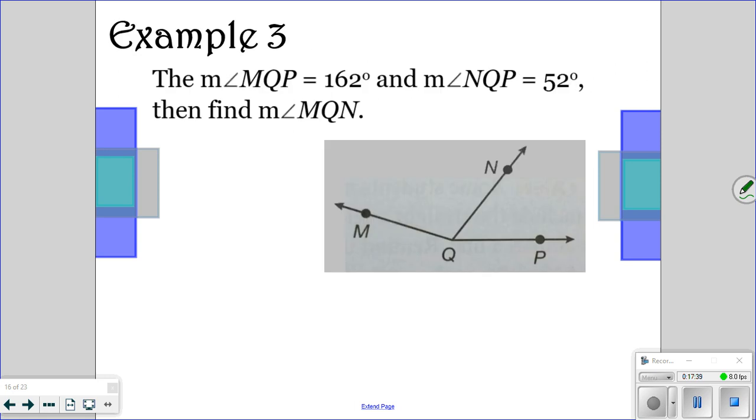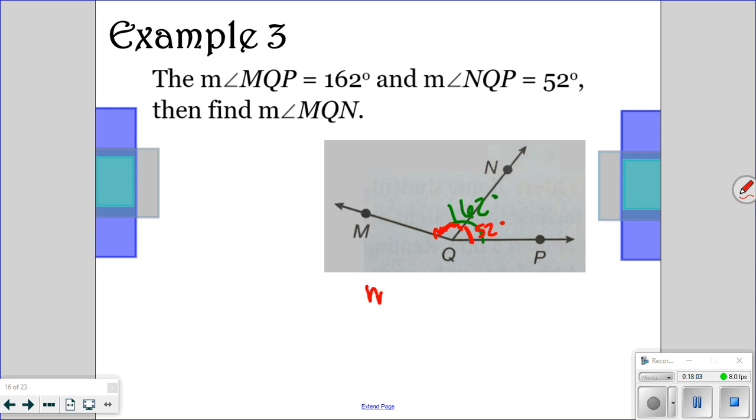Okay, so let's look at an example here. I like to fill in on my picture as best I can. So they tell us that MQP, so that's this whole thing, is 162. And then they tell us that NQP, that's this part here, is 52. And they want us to find what is the measure of MQN.